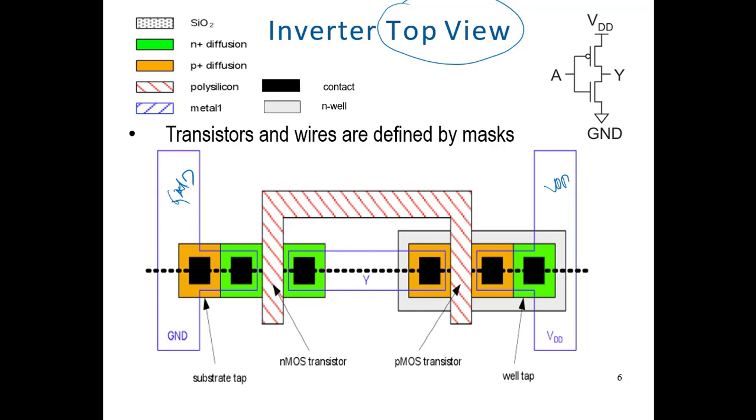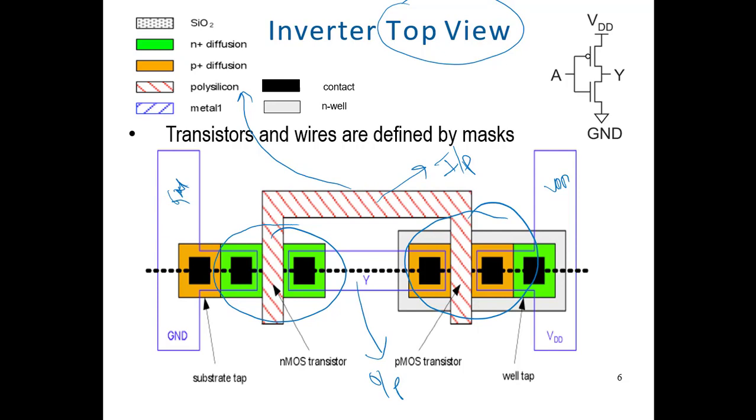So this is our input line. So here this is the polysilicon. Okay, you see it is the legend for this. So here is your input, here is your output. On this side we have the NMOS, and on this side we have the PMOS.